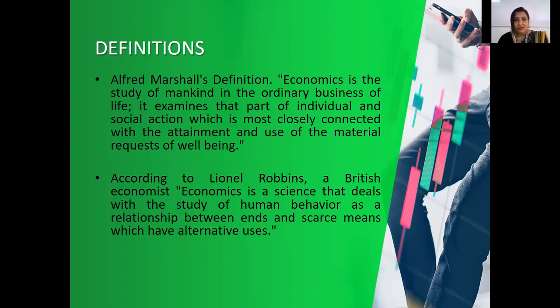It examines the part of individual and social action which is most commonly connected with the attainment and use of material requisites of well-being. According to Lionel Robbins, a British economist, economics is a science that deals with the study of human behavior as a relationship between ends and scarce means which have alternate uses.